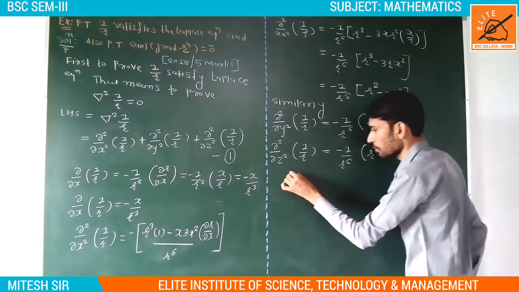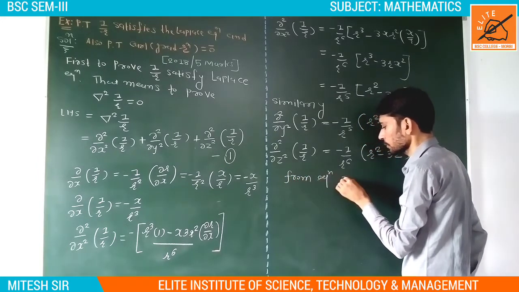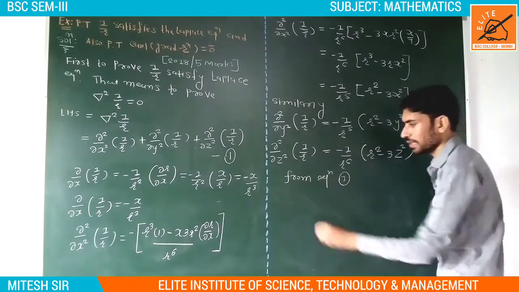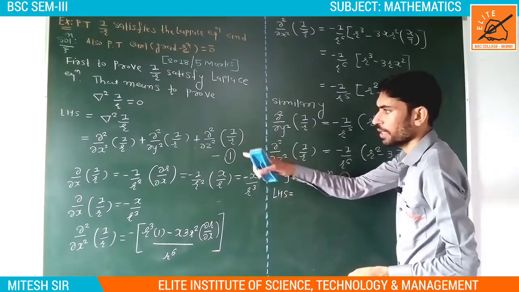So here we write, from equation 1, LHS is equal to: first we write the value of del square upon del x square of 1/r.